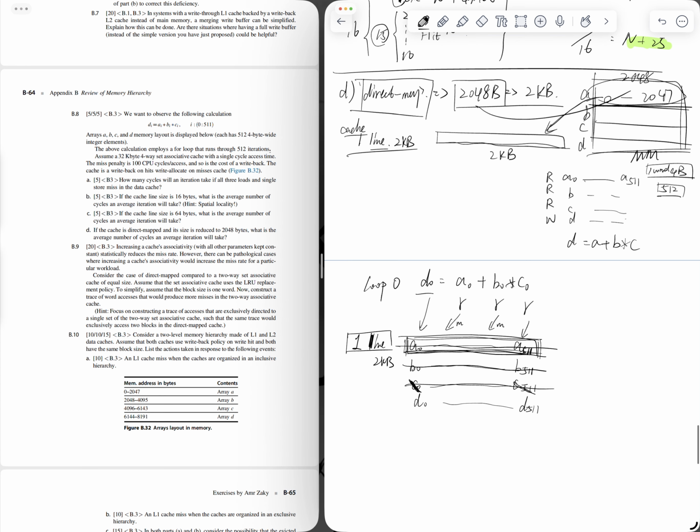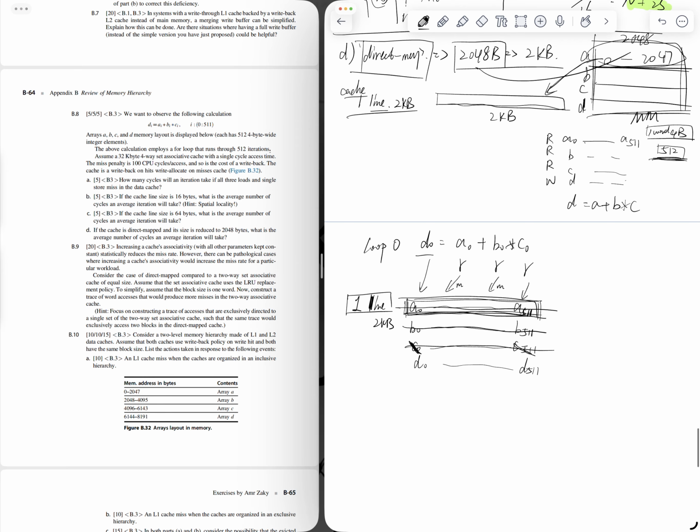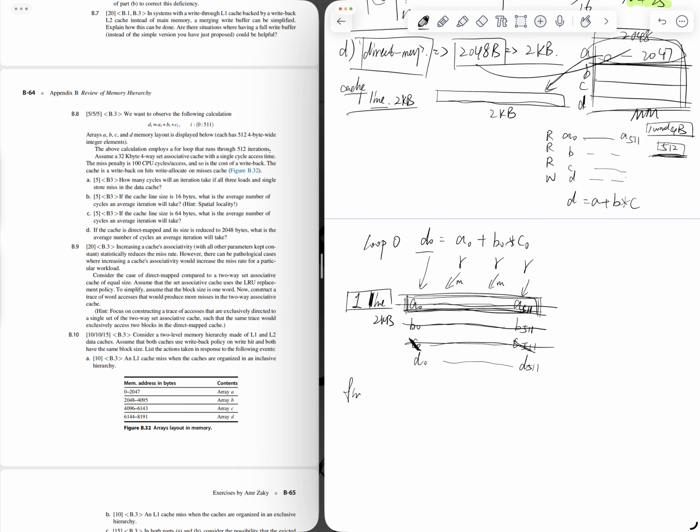D also has 512 elements, right? So what is the final state of the cache line? It is a 2 KB line holding D0 to D511. So no A, no B, no C, right?